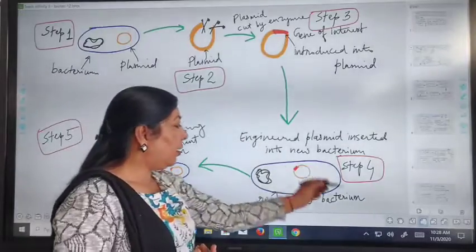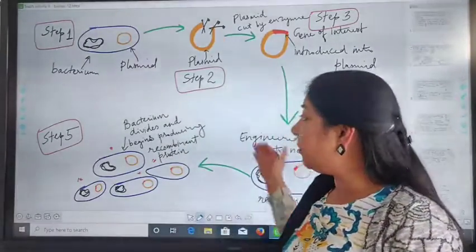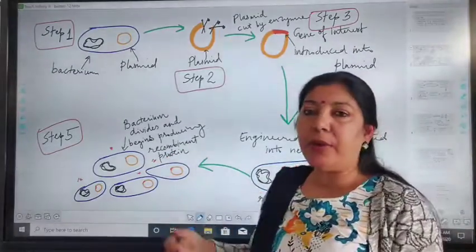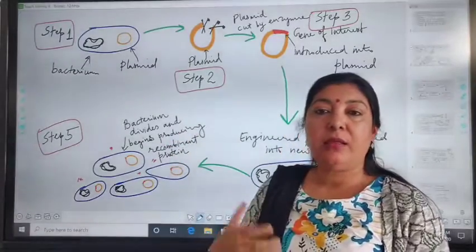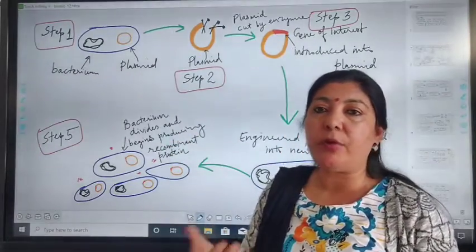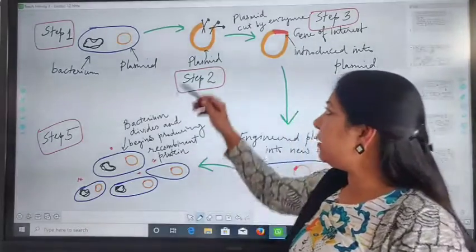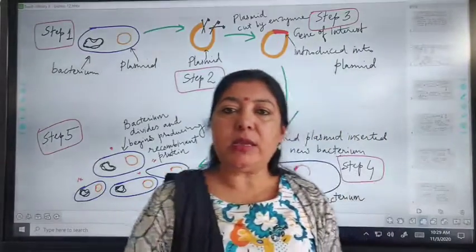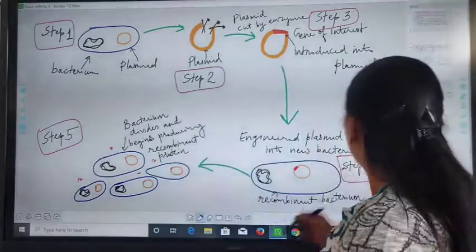So now the recombinant bacterium is produced and this is subjected to cloning. This bacterium will multiply, it will divide and will start producing the recombinant proteins which are required by us. So these diagrams show the process.